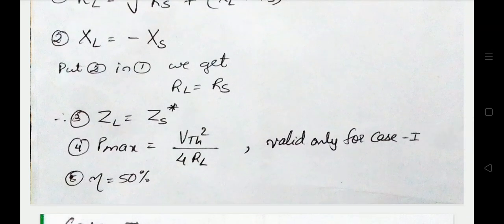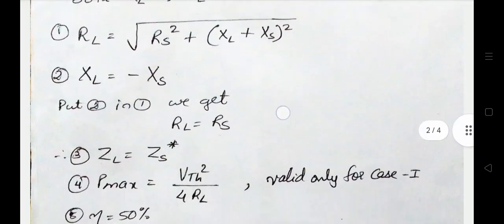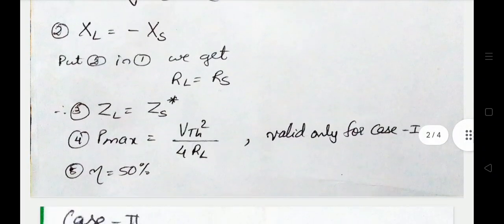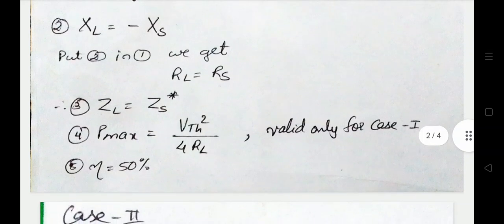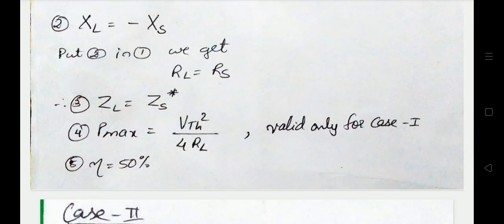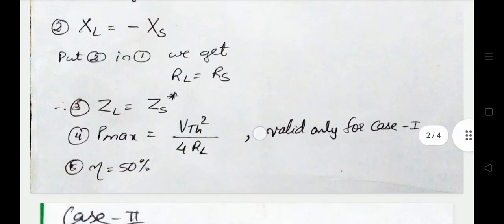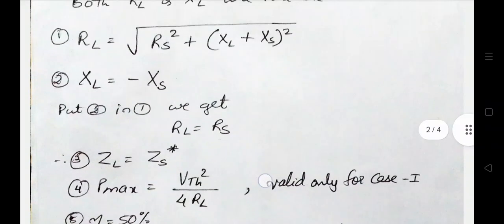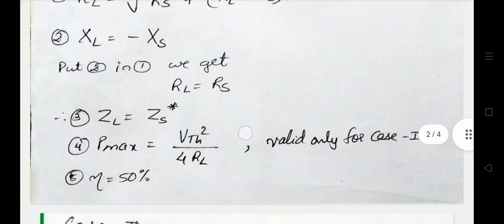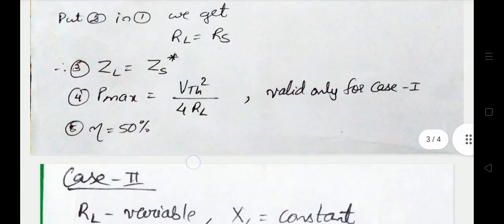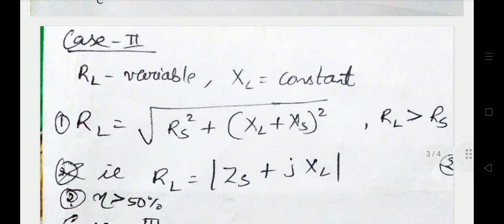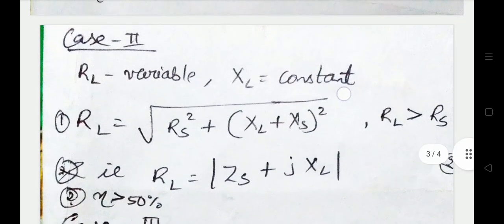Only in case 1 can we use the formula for maximum power as VTH square by 4RL. In the other three cases, we cannot use this formula for finding the maximum power. And since ZL is equal to ZS conjugate, efficiency is 50%. Now let's see case 2, where RL is variable and XL is constant.